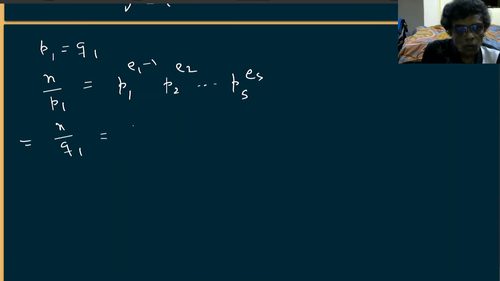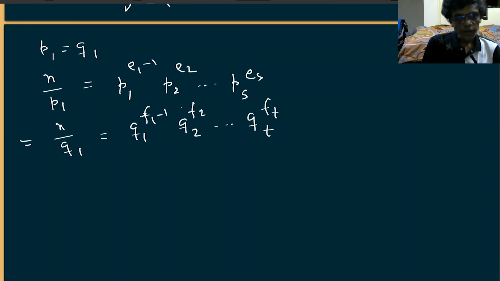This is Q1 power F1 minus 1, Q2 power F2, and so on up to Qt power Ft. Now if I use strong induction, this quantity is smaller than n. So n by P1 or n by Q1, which is the same thing, must have unique factorization. So in particular, it will prove that P1 is equal to Q1.